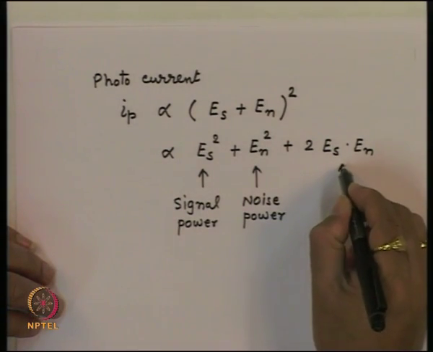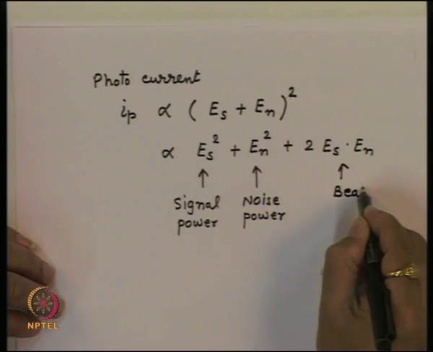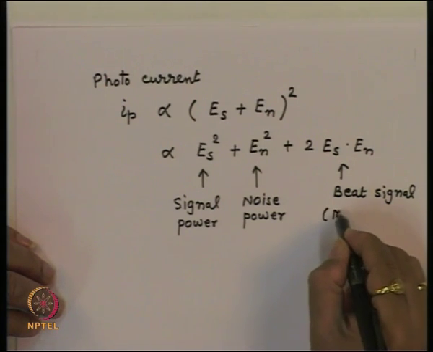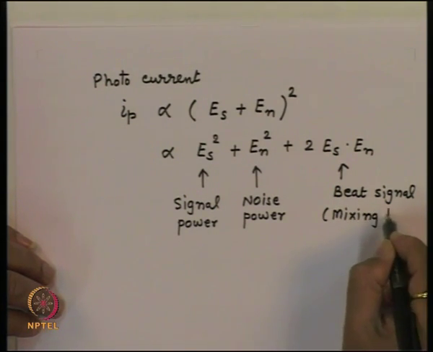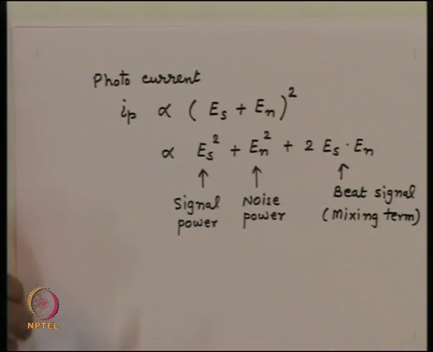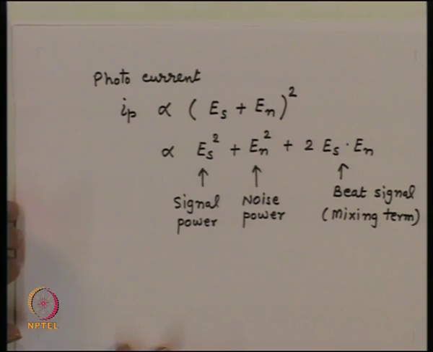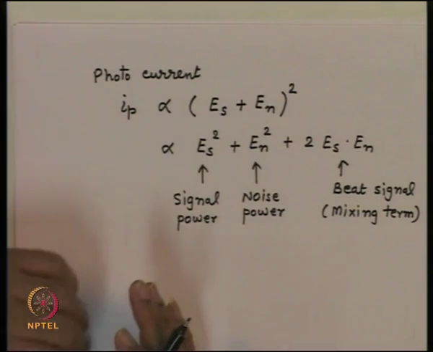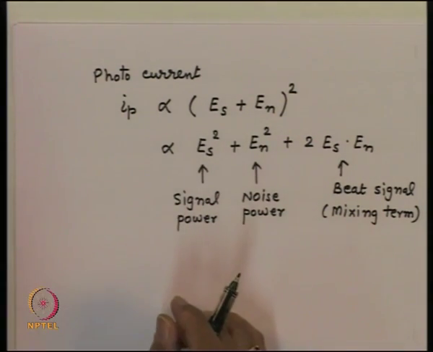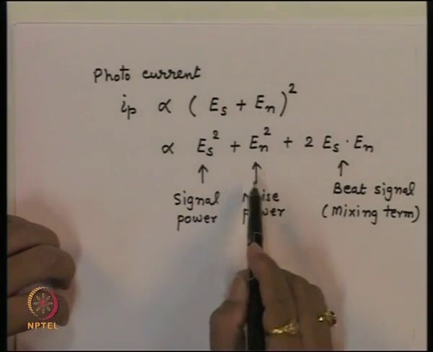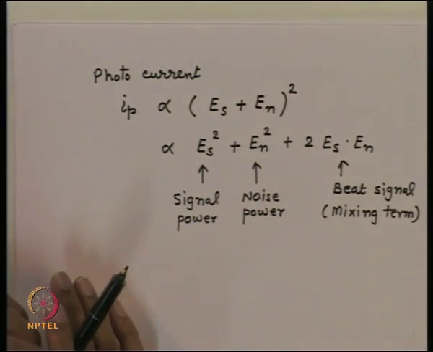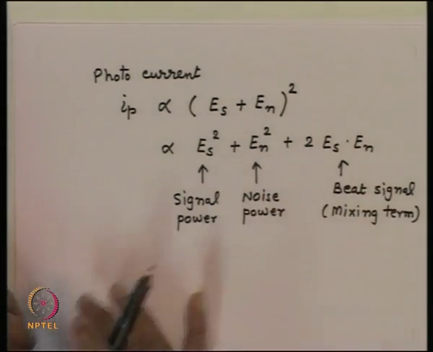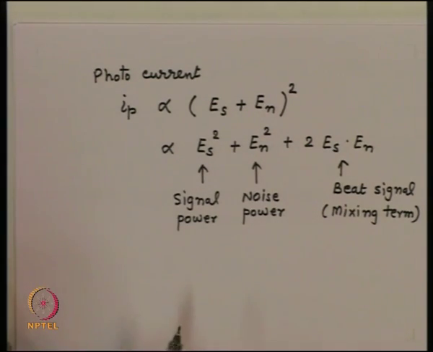This is what is called the beat signal, or the mixing term. So the output power which we are going to get is because of the signal power and also the noise which contributes because of the ASE. And in this case the ASE will also depend upon the signal, because the photodetector essentially does some kind of mixing of these two.